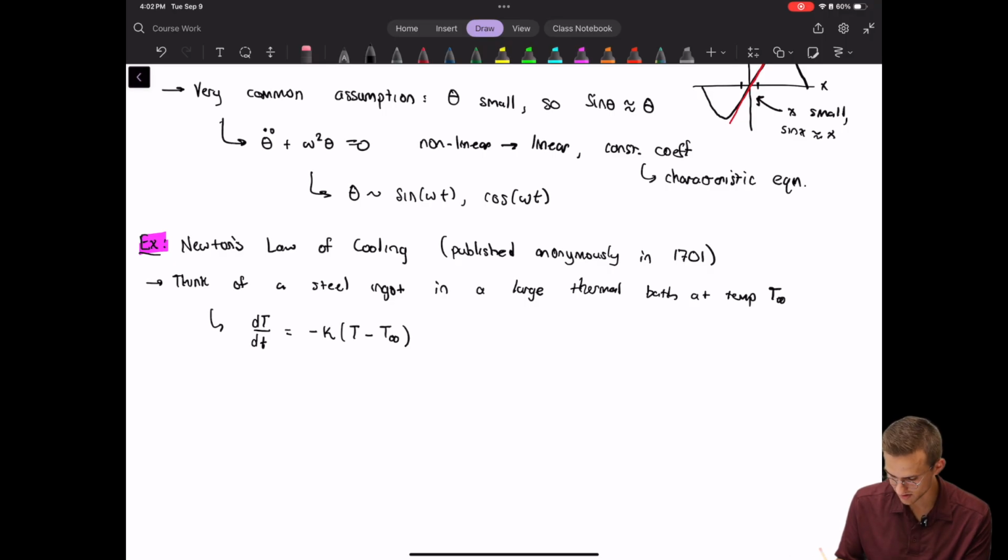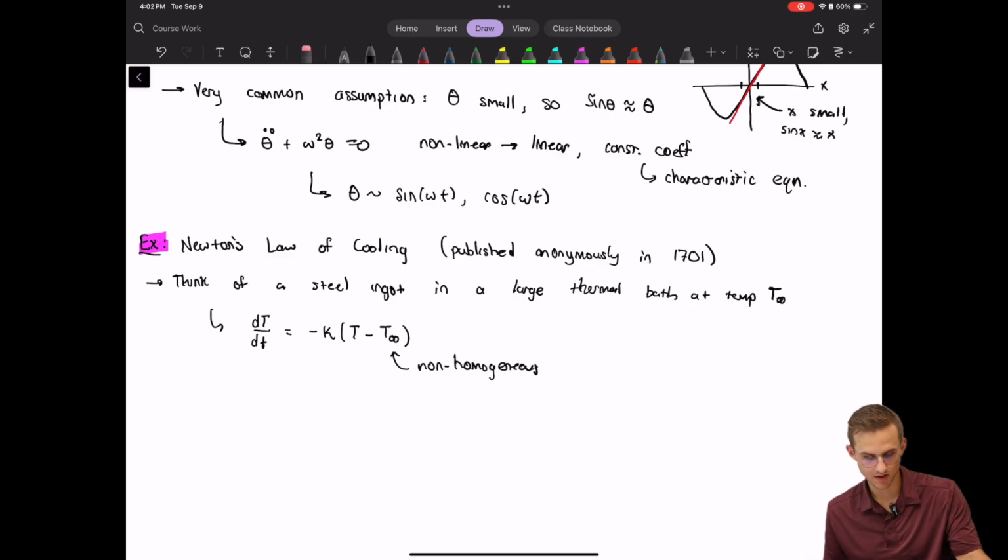One important thing is that because of this term here, this is a non-homogeneous equation. That's the first thing to note. But it is a separable equation.